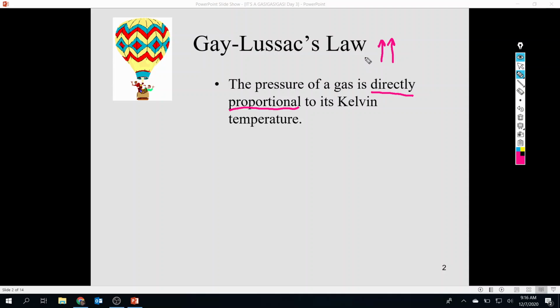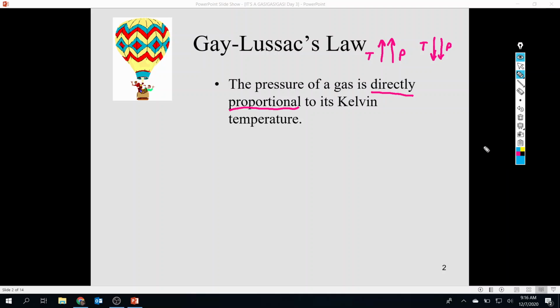And so Gay-Lussac's law tells us that if the temperature goes up, the pressure does as well. The other side to that is that if the temperature goes down, then the pressure does as well. So the real thing about directly proportional is that they go in the same direction, either both up or both down. And that's true for temperature and pressure.